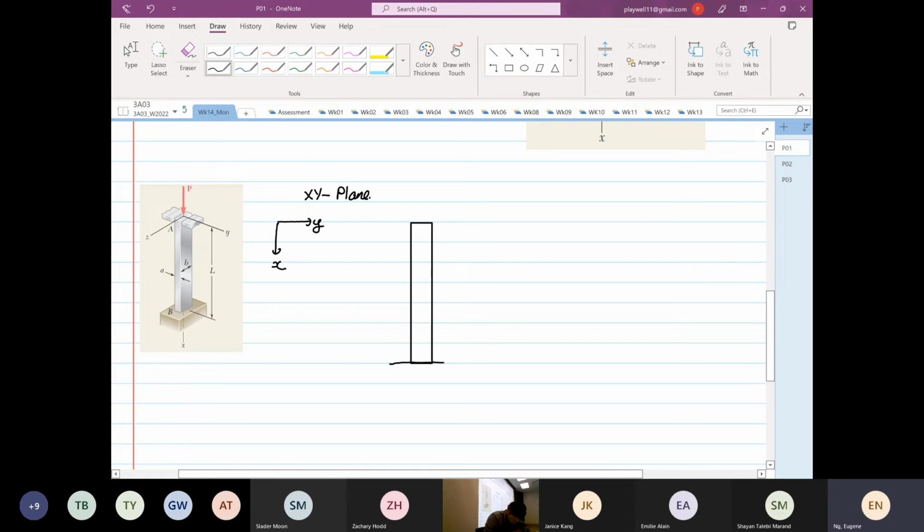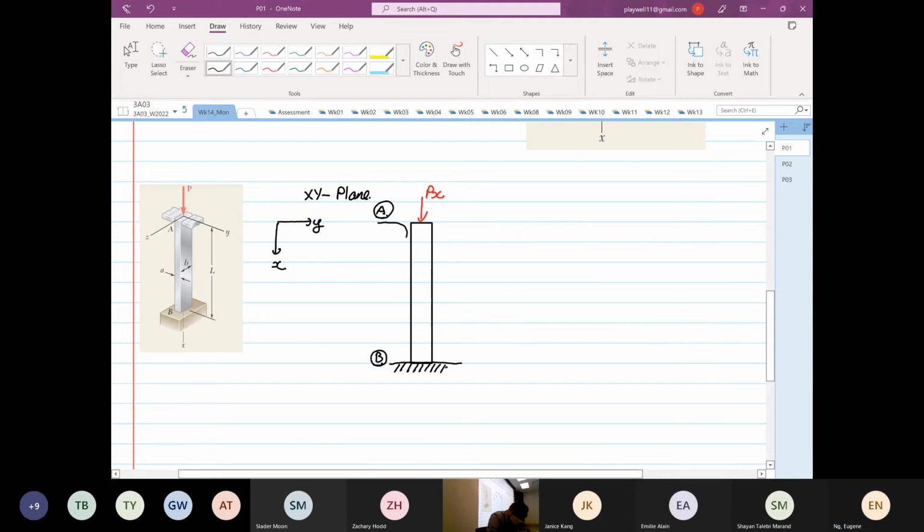Then one end is fixed. The other end you have at point, so this is our point B. This is our point A. Let me draw point A a bit offset because we have a load. So we understand that we have a load over here, which is P in the X direction.